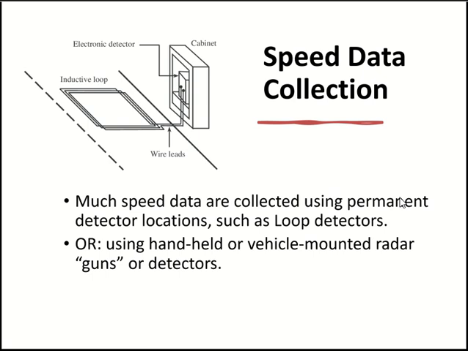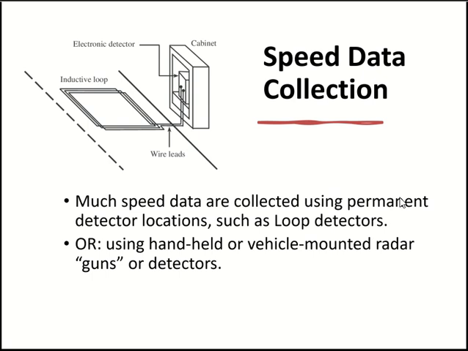A loop detector looks like this. It's under the road, but you can see the marking on the pavement near the signals, especially at many big signals in Bahrain. You will see on top of the road a marking like a rectangle. Most probably under it is a loop detector.